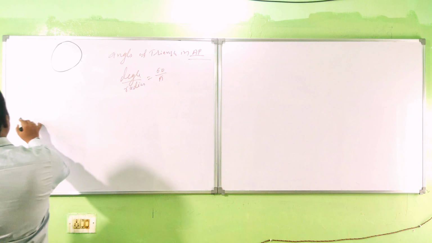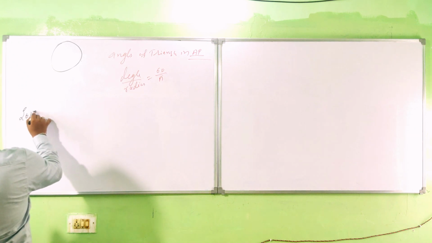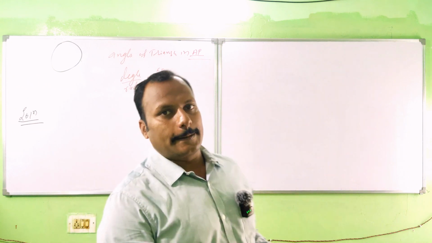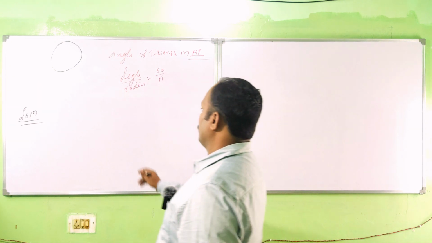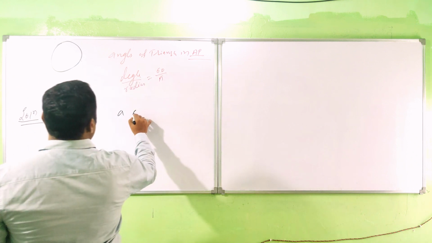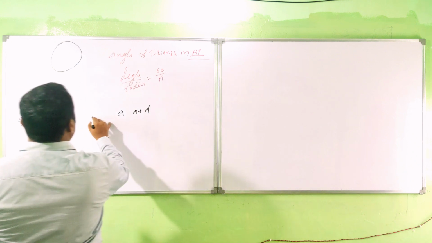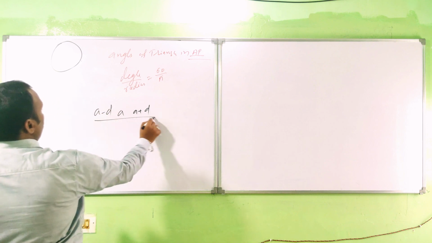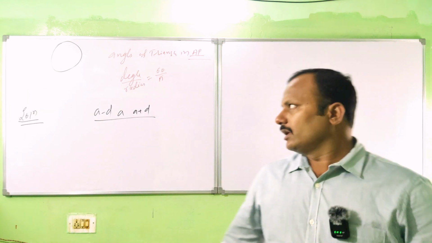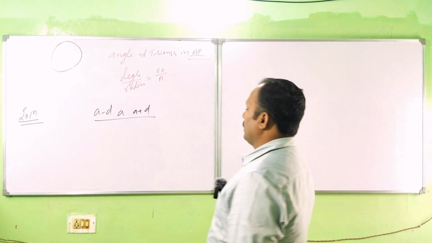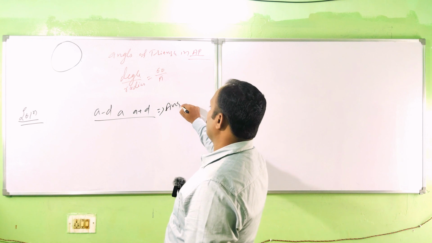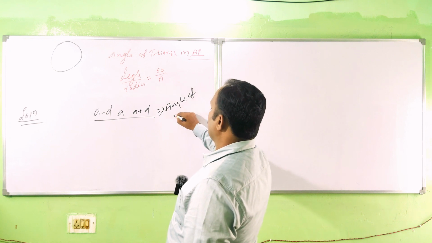Solution is here. What is the AP? It means there is a common difference D. If I take A as the middle one, I can write A plus D as the next one and A minus D as the previous one. So A minus D, A, and A plus D are the angles of the triangle.